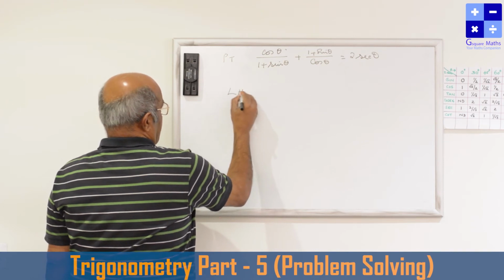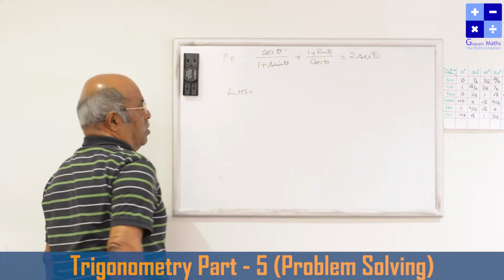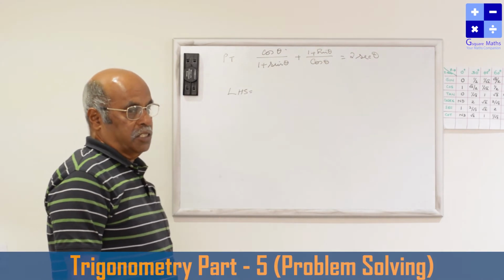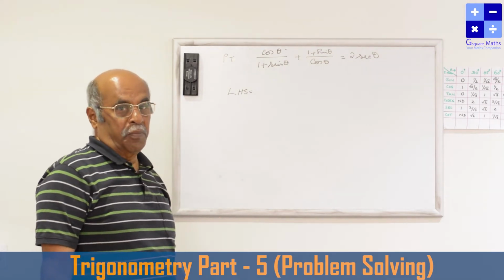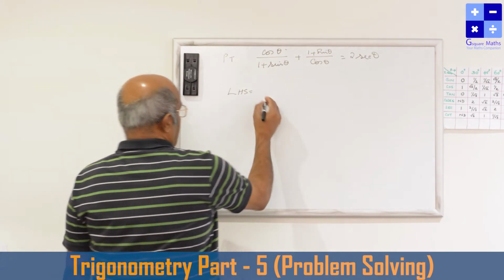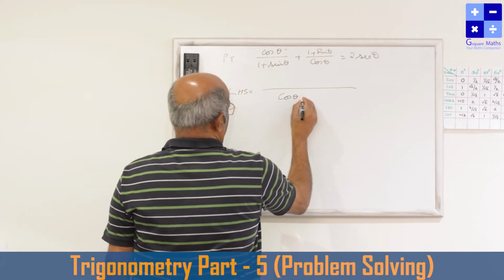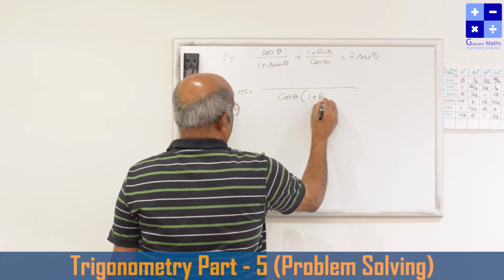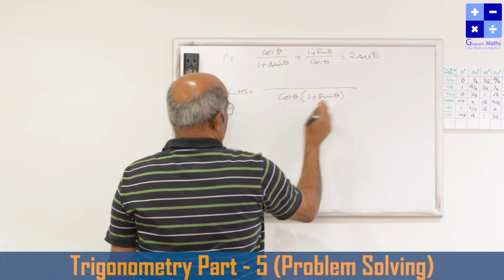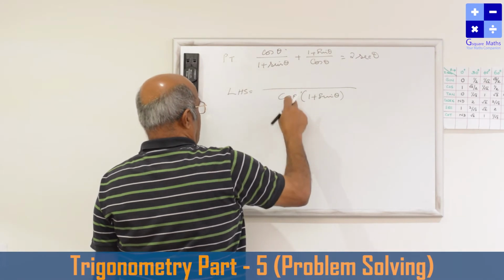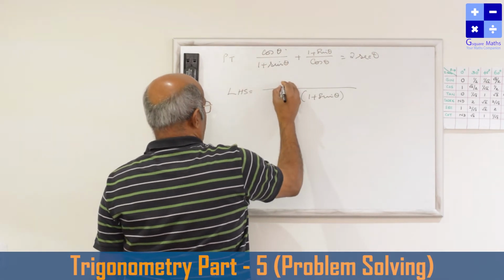Left hand side is equal to this. What I am going to do is simplify by taking the LCM. LCM is nothing but cos theta into 1 plus sin theta. So divide this by 1 plus sin theta, cos theta will remain, cos theta into cos theta, cos square theta.